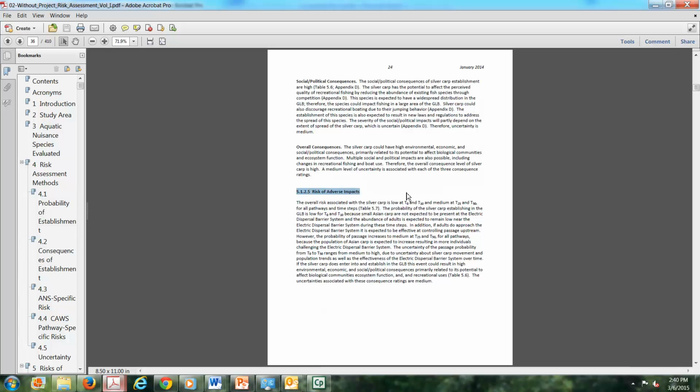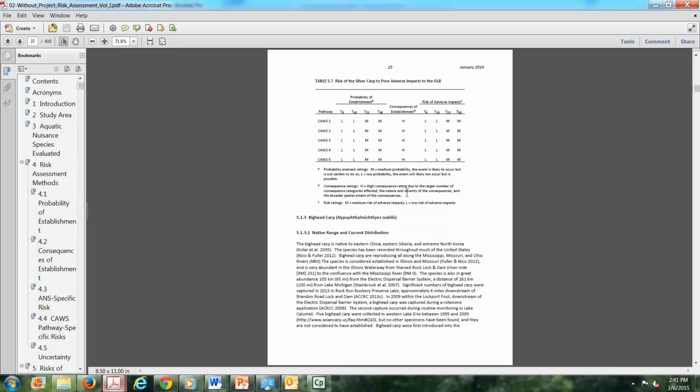So the risk characterization step is found here, where they talk about the risk of the adverse impacts, pulling together the information from the consequence assessment and the likelihood assessment. So here's where you'll see the final results, the risk characterization.